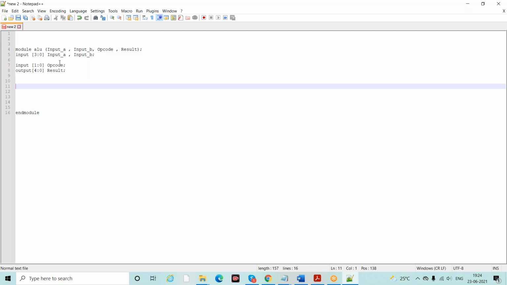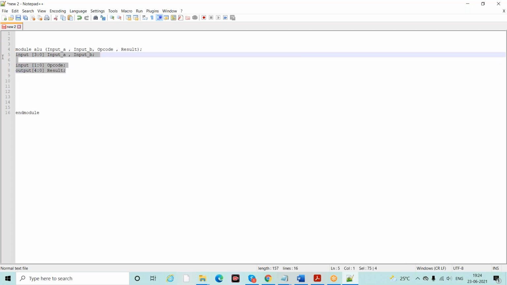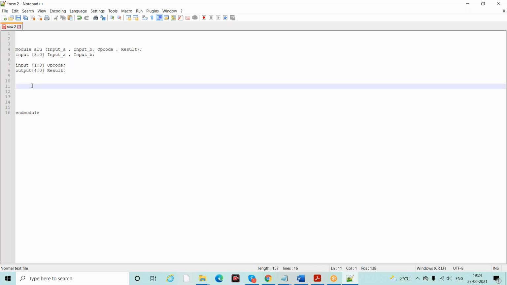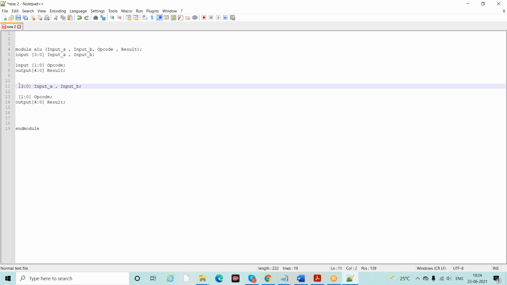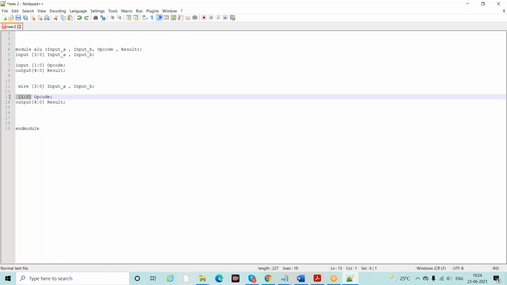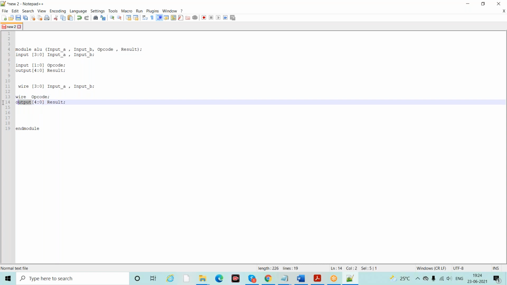So next step is we have to declare the data types. Which data types are we going to use? For inputs, I am going to use wire. This is register, reg.